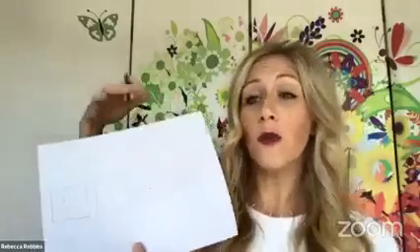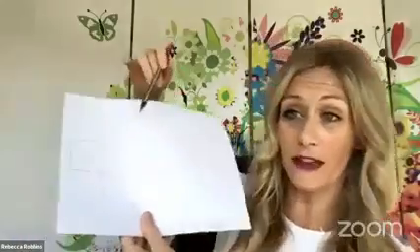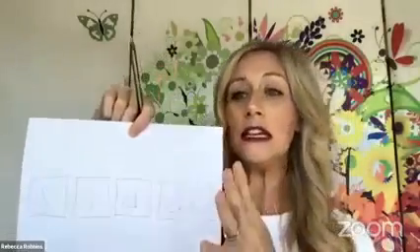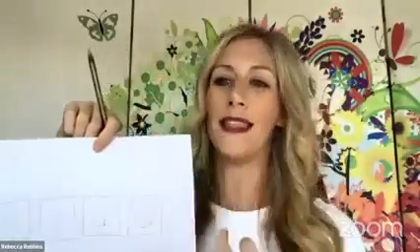Or if they're not working for something particular, or the thing that they're working for has a longer name than your child's tolerance, you can just do a smiley face in each box, or a check mark in each box. It doesn't matter. The important thing is that the boxes are getting filled up and it's clear what the expectation is and when the expectation is complete.